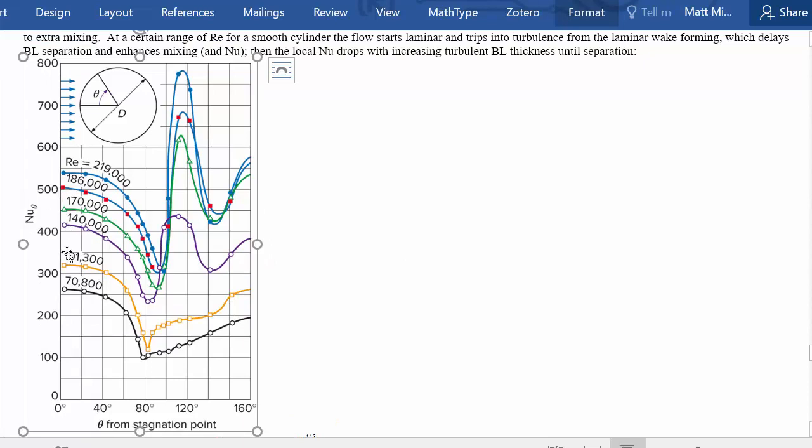So this is a plot of what the Nusselt number is at a bunch of different Reynolds numbers for flow around a cylinder as a function of angle from the stagnation point, which is right at the front of the cylinder.